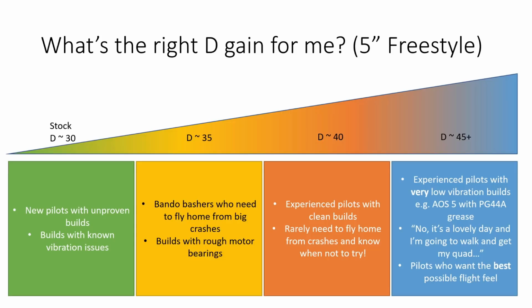On my perfect AOS 5 build, I'm running D-gains between 50 and 55. So it's doable, but you do need to have the right build and the right filter tune.